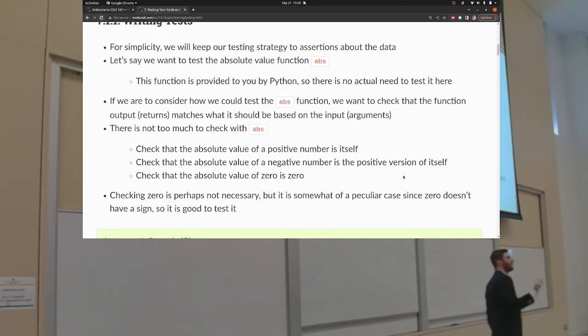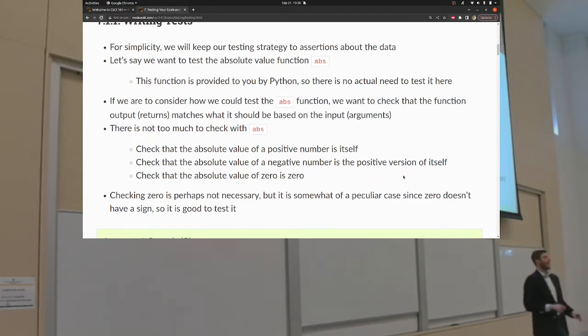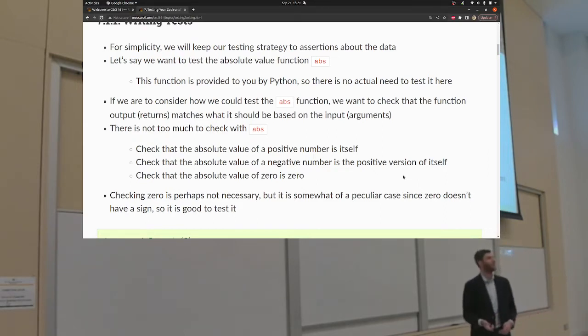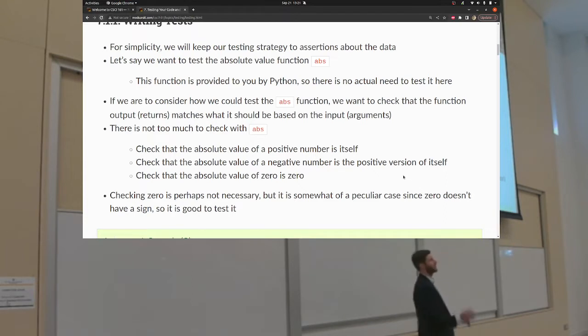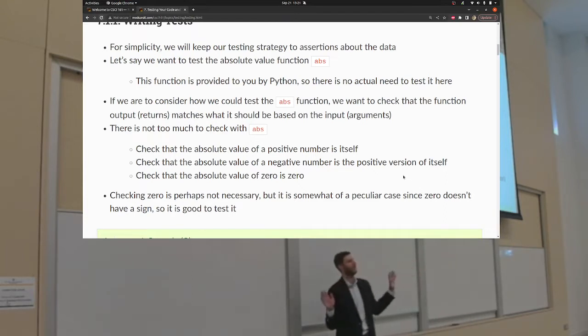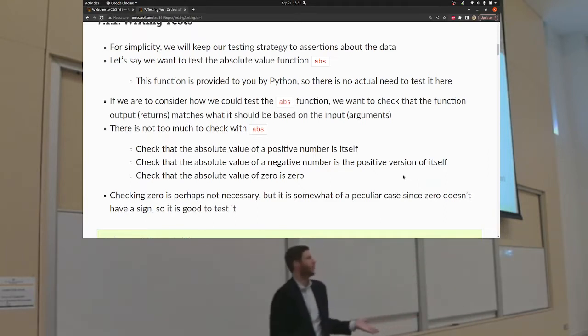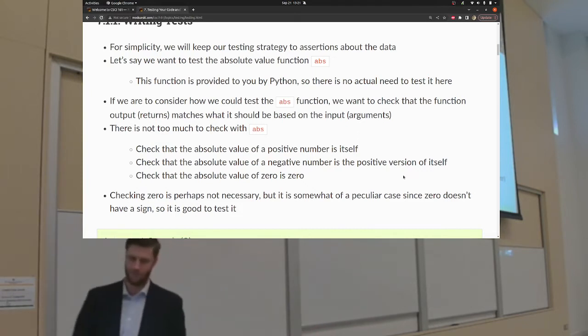If you run that line of code and it's correct, nothing will happen. If your function gives back a different number that's not 32, your code will crash. It'll say assertion failed. That's how we can know if our functions are passing our tests or not.